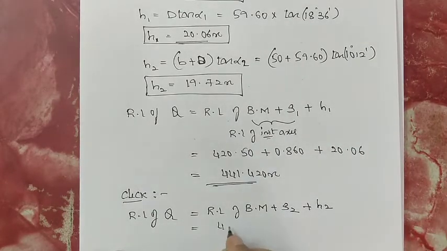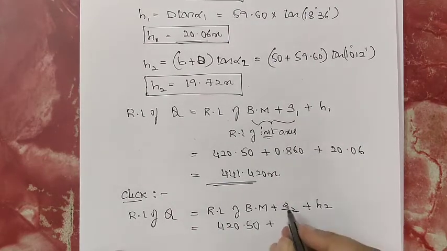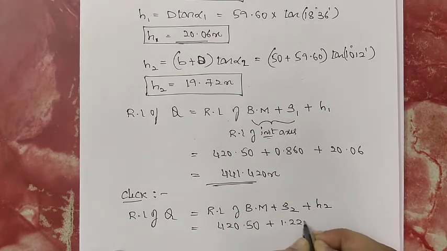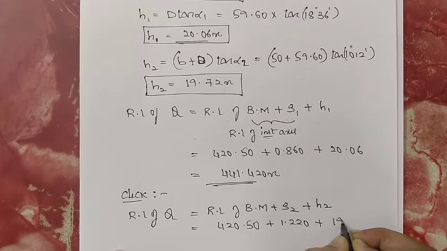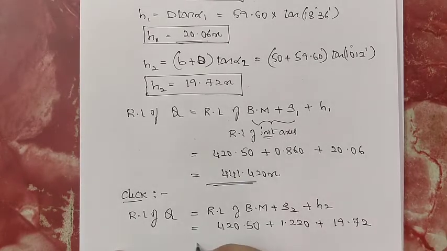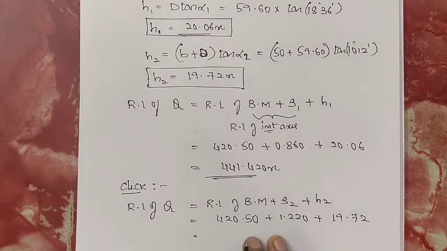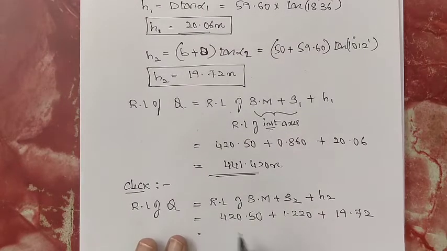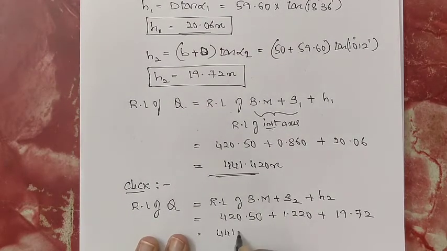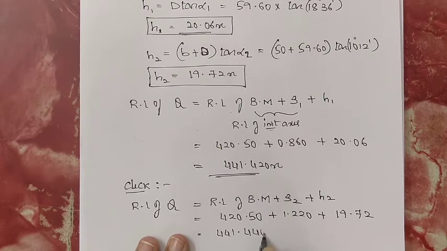RL of benchmark is 420.50. S2 value is 1.220 plus H2 value is 19.72. Upon simplification you will get RL of Q as 441.440 meter.